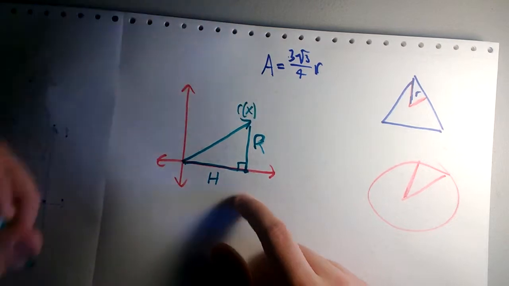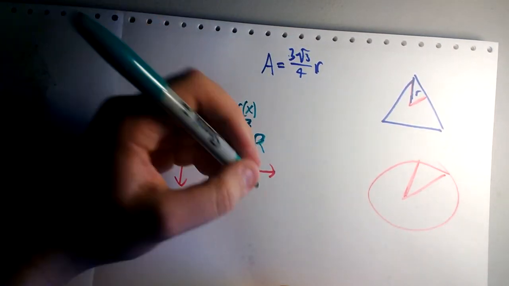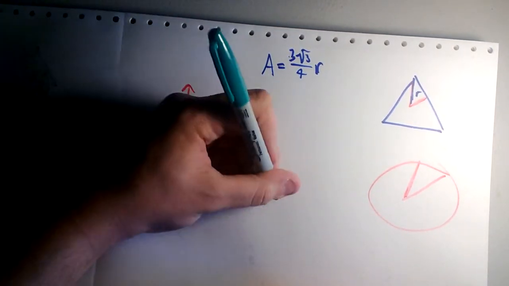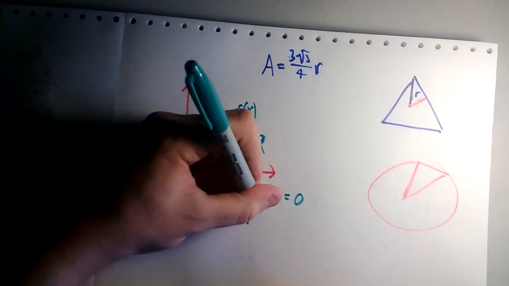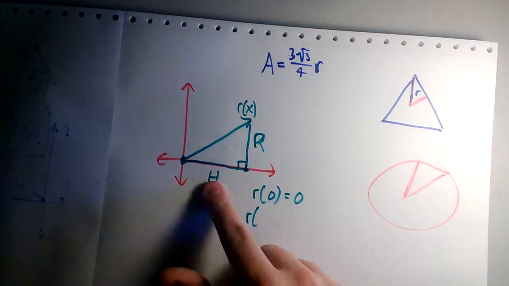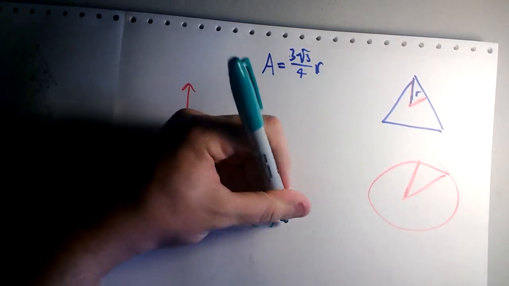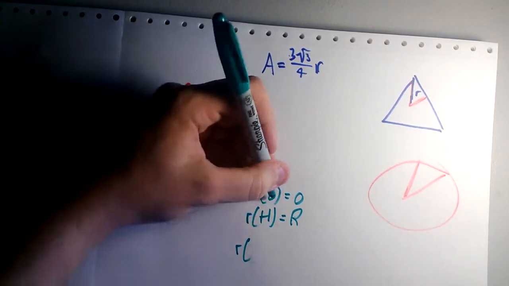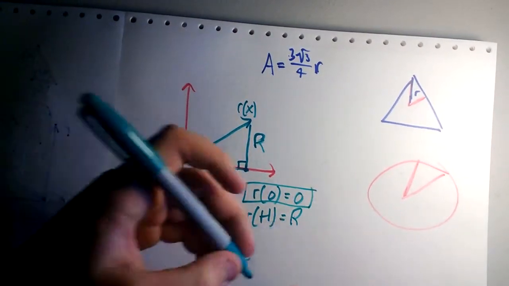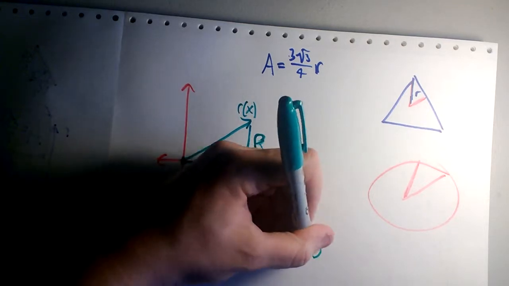So let's create an equation for r of x. So r of 0 should give me a value of 0, yes. And we also know that r of h should give us R. So with those 2 pieces of information, this tells you that the intercept is 0. So you add 0 to your equation.